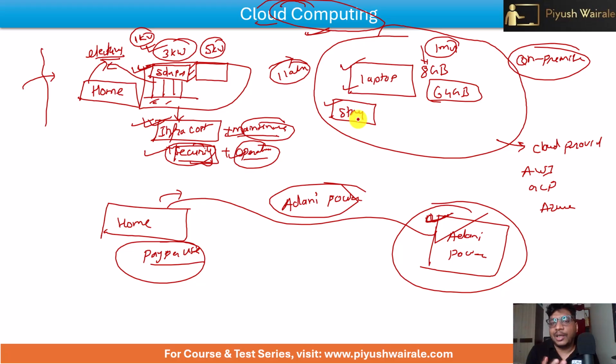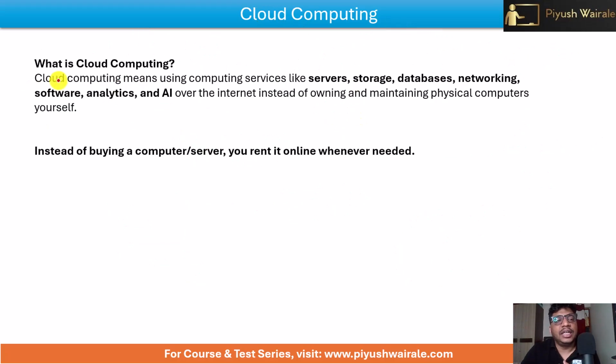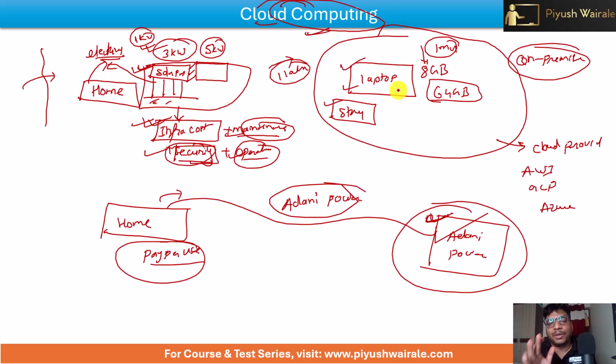Okay, so what is cloud computing? Let's discuss it theoretically also. Cloud computing means using computing services like servers, storage, databases, networking, software, analytics, and nowadays we have AI services as well, over the internet instead of owning and maintaining the physical computer yourself. I hope the example we have discussed is clear to everyone now.